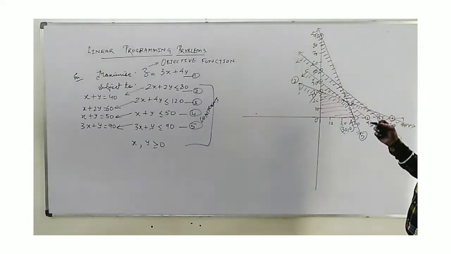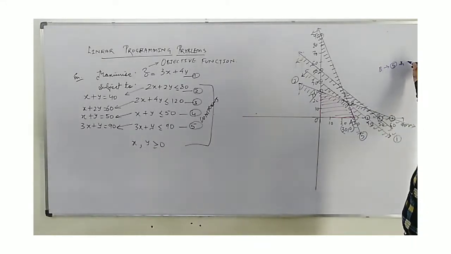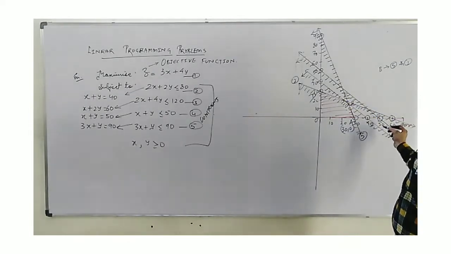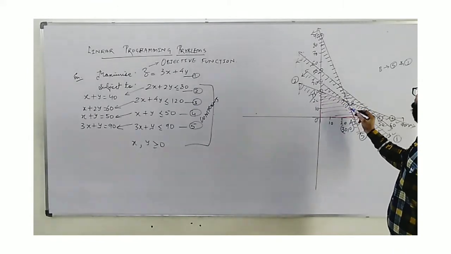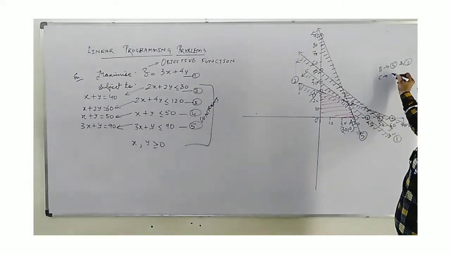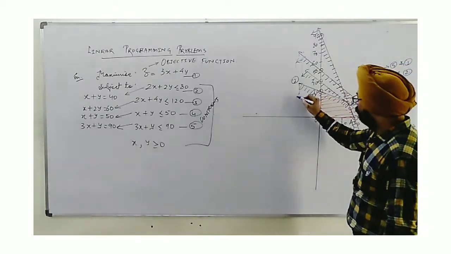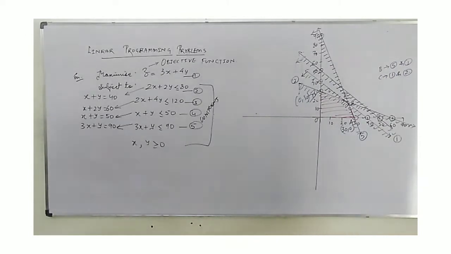So we have to solve fifth and first to get B, and this point C is the intersection of the second and the first. So for C we have to solve first and second, and here this is 0, 30 as we can obtain. Now the only thing, we have to find the coordinates of B and C.